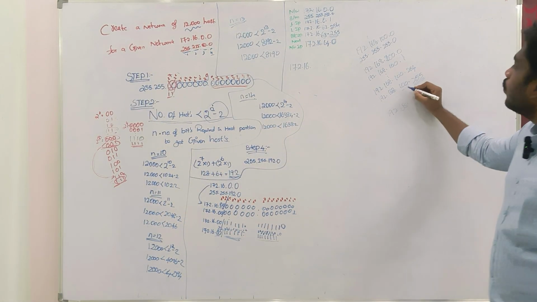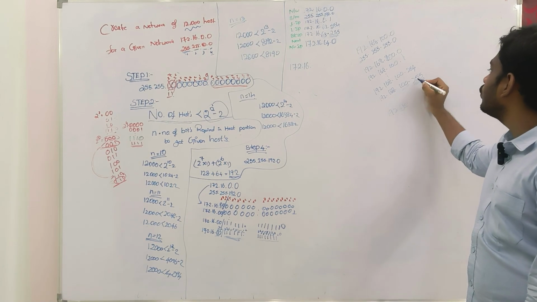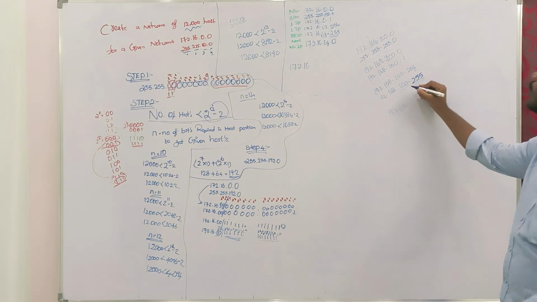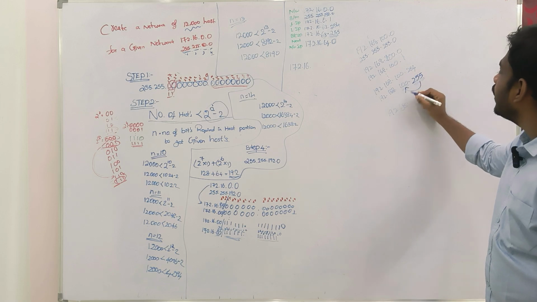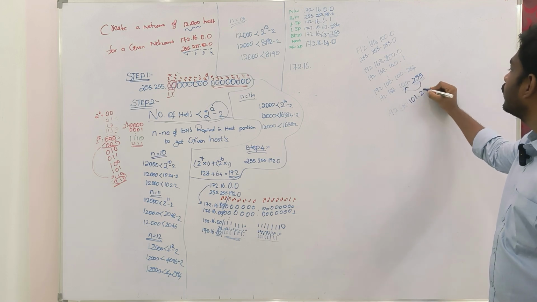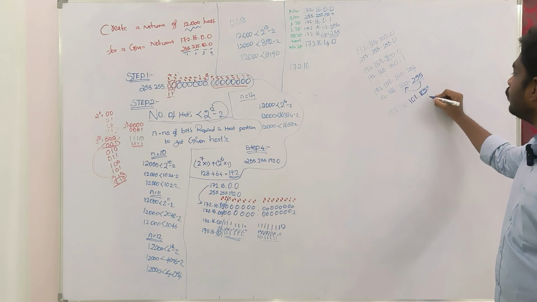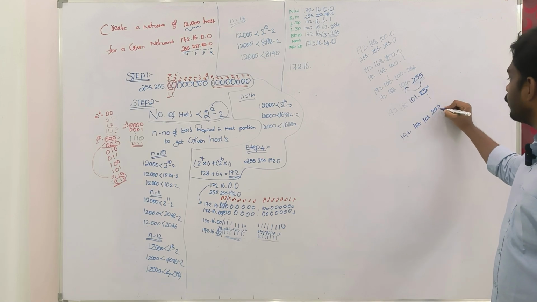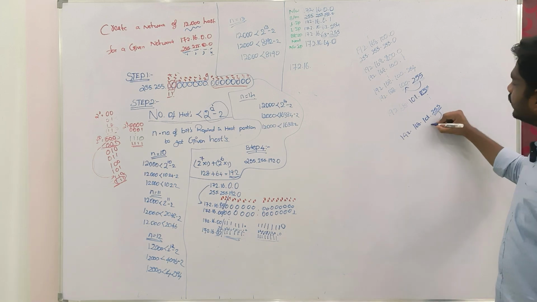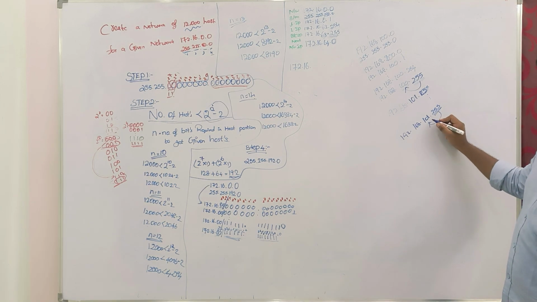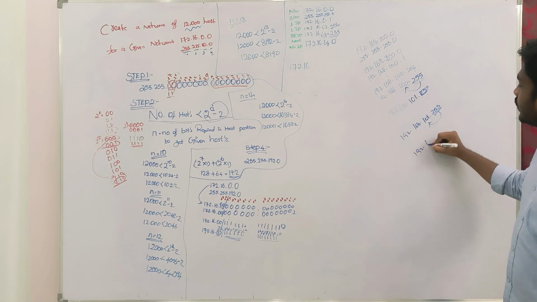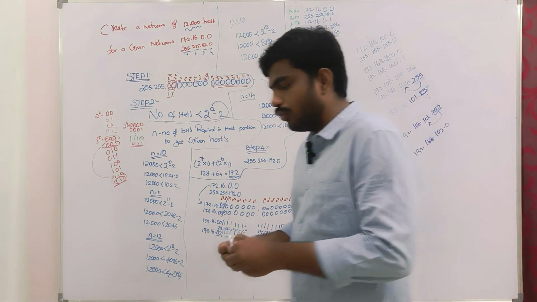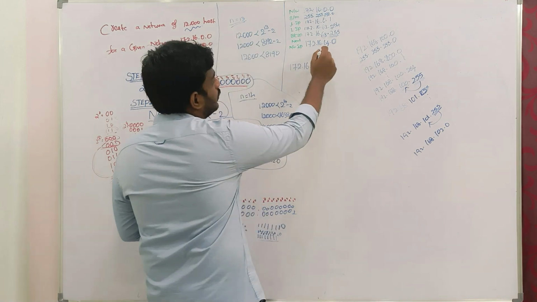So 192.168.100.255 means the IP address range is over. Still, if you want an IP address, after 255 you increase the value, which means 100 turns into 101, and you can write 0 up to 192.168.101.255. Once this range is over, you increase the next octet value by one: 192.168.102.0. Here also you follow the same rule.